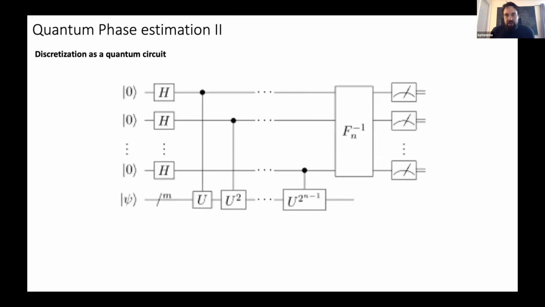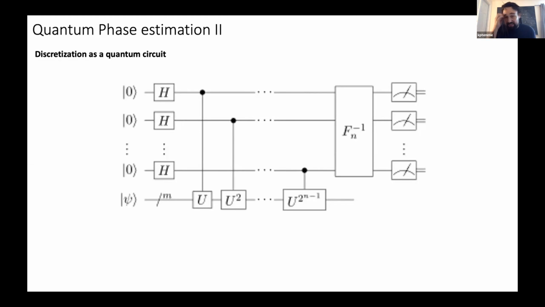Effectively, what you have to do is implement a particular kind of unitary circuit, where the top row corresponds to a discretization of the phase register. The bottom row is the register of the physical evolution, and you basically have to evolve for powers of 2 to push that discretized pointer register ahead. In some sense of an approximation, you're effectively simulating a discrete version of the von Neumann measurement that I explained before.